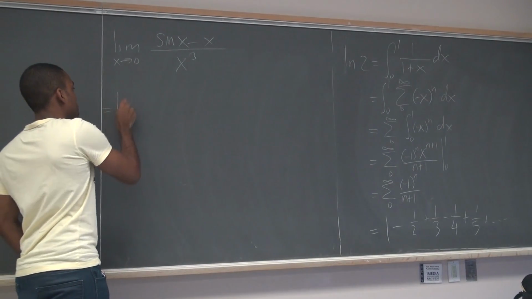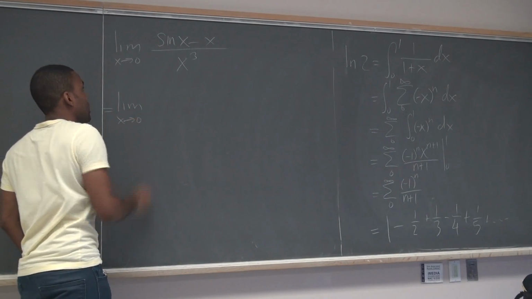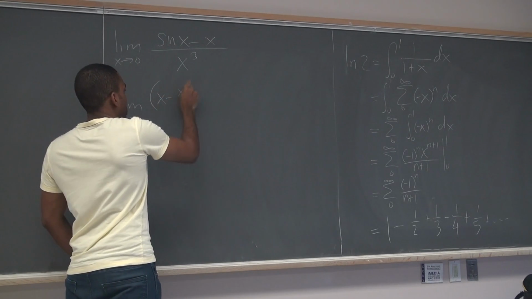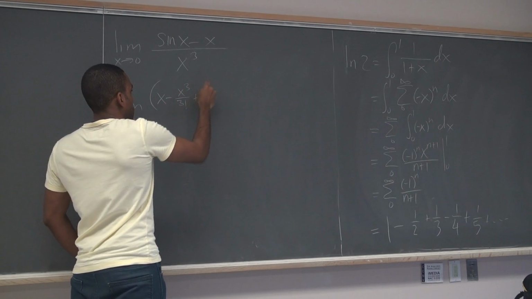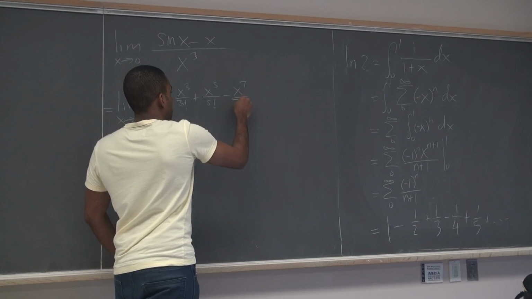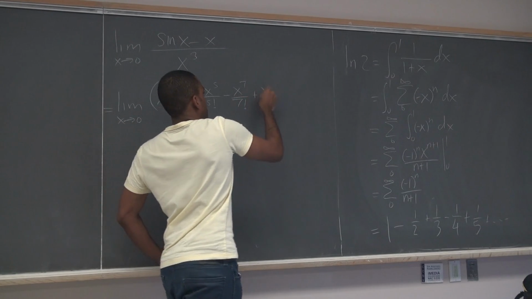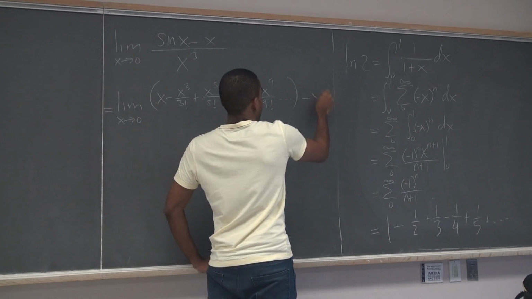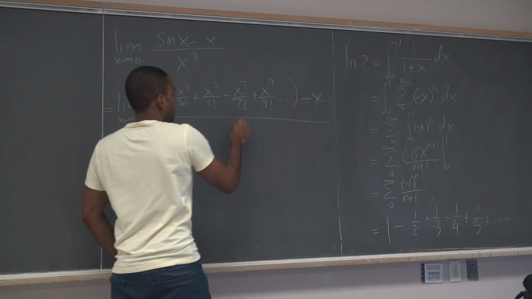For example, I know what sine is as a series. Sine is actually x minus x cubed over 3 factorial plus x to the 5th over 5 factorial minus x to the 7th over 7 factorial plus x to the 9th over 9 factorial, etc. Minus x, all over x cubed.